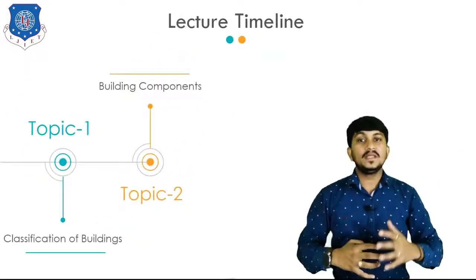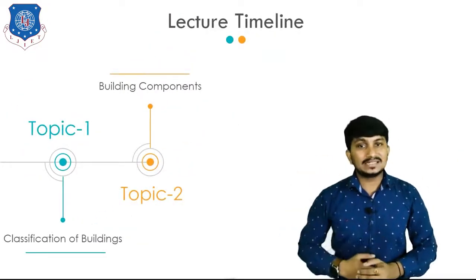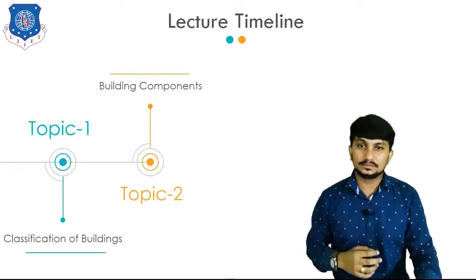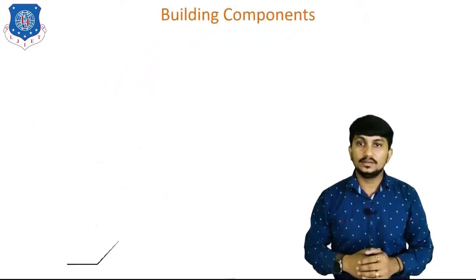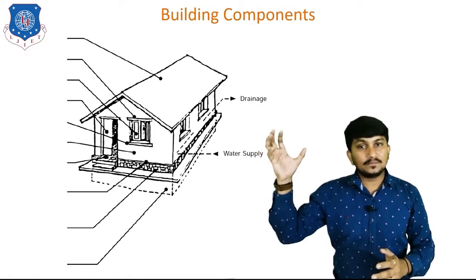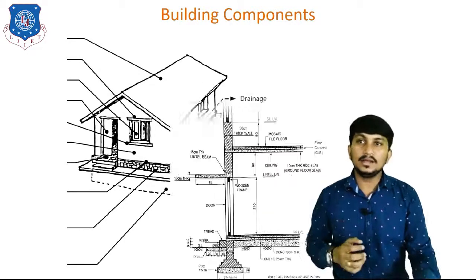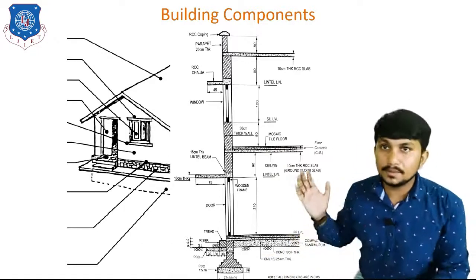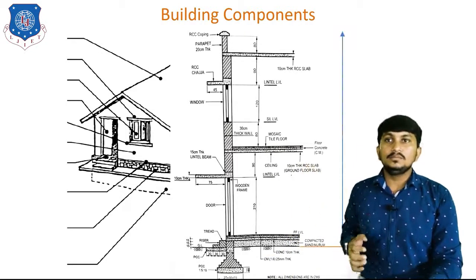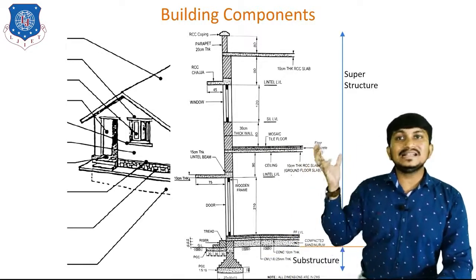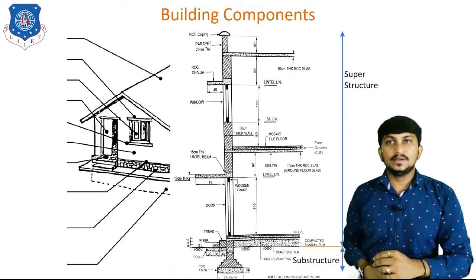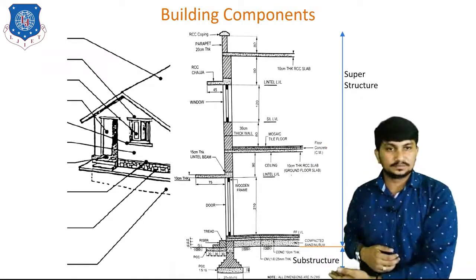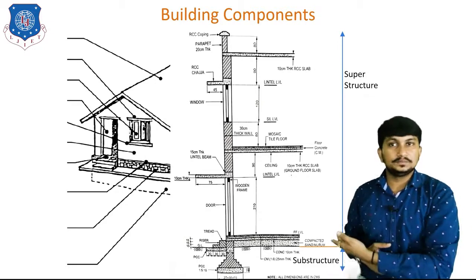So this is all about classification of building based on structure. Now let's move to the second topic of today's lecture, which is building components. Here there is a model of the building and its cross section. Building components are basically divided into two types: superstructure and substructure. This is the ground level.